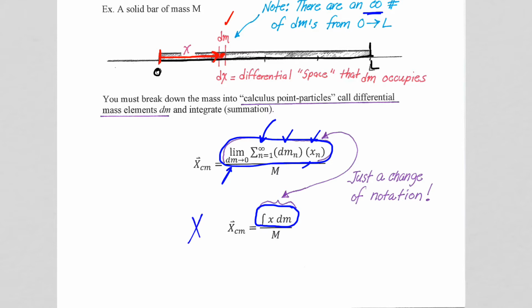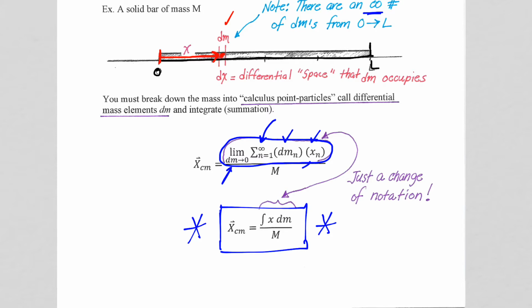But this is the most important equation. Let me erase some of my additional here, because this is the one you want to box and remember as the equation for all of the calculus continuous mass distribution problem solving that we're going to do.